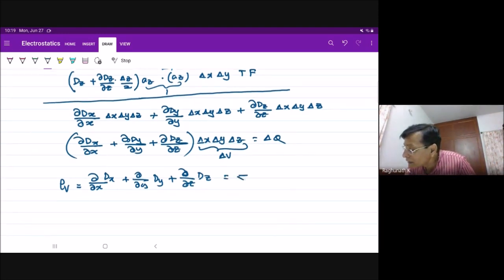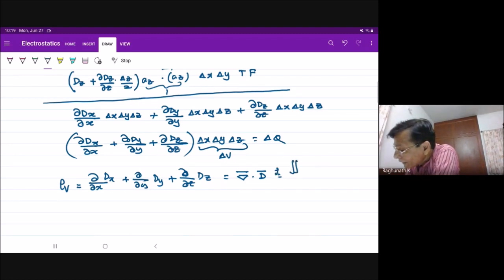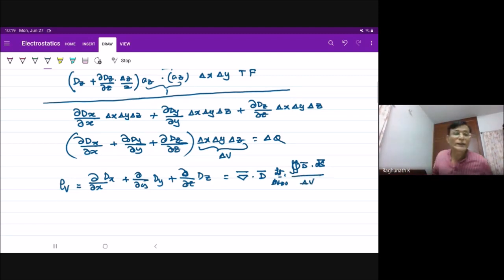This is called del bar dot D bar, the divergence of the flux density. So divergence is what? The limit, as ΔV tends to 0, of the closed surface integral of D bar dot dS bar by ΔV, for the differential volume. They call it the divergence.